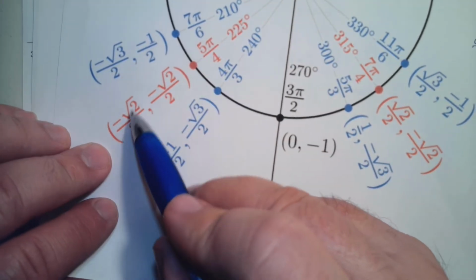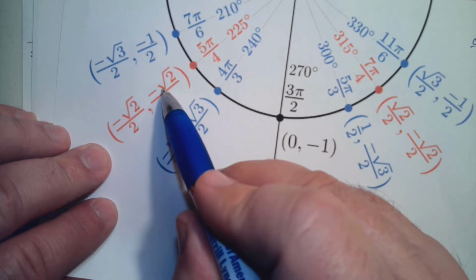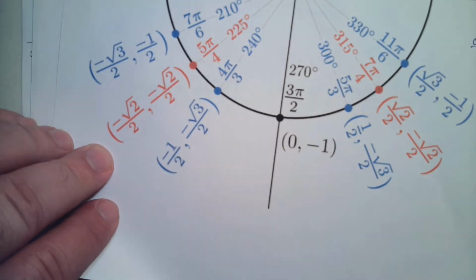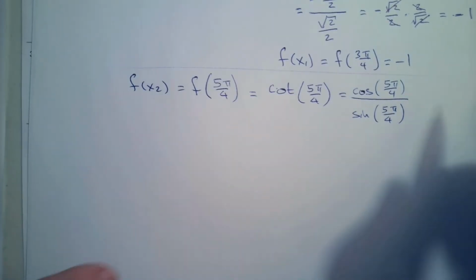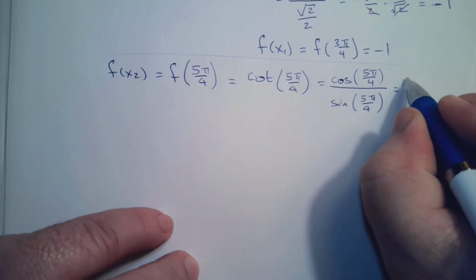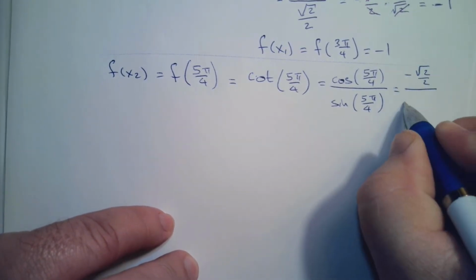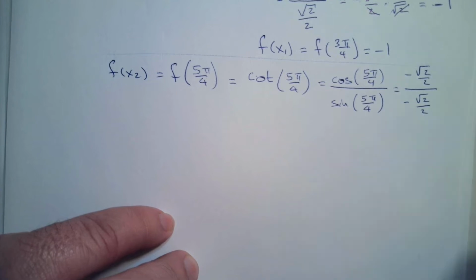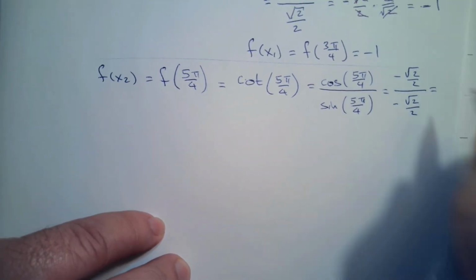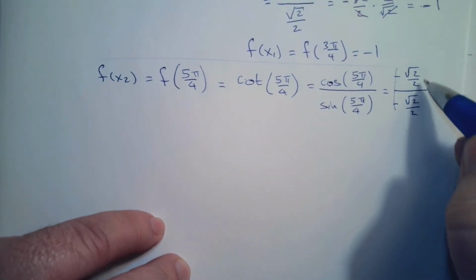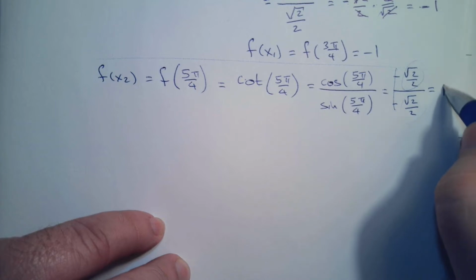The cosine is negative square root of 2 over 2, and the sine is negative square root of 2 over 2. So it's negative square root of 2 over 2 over negative square root of 2 over 2. The negatives cancel. It's the same number top and bottom, so it equals 1.